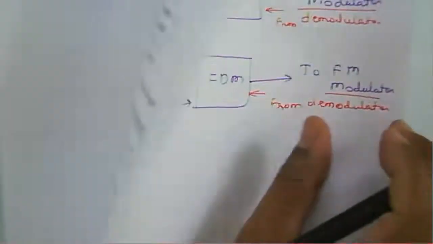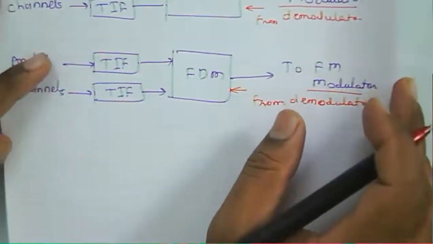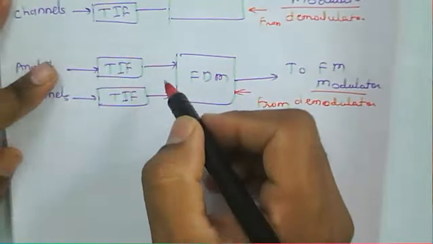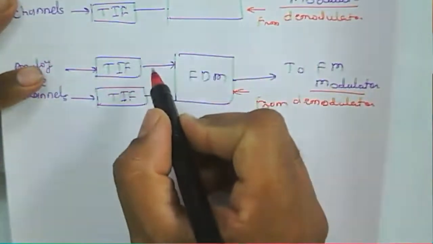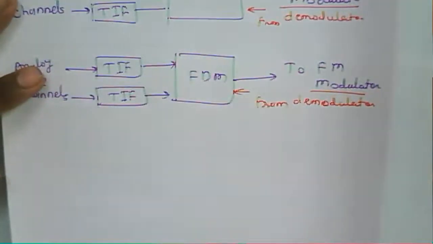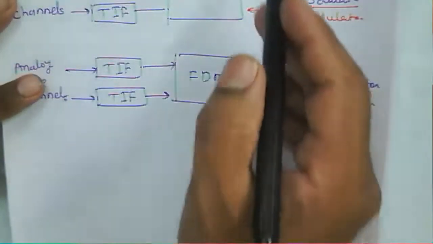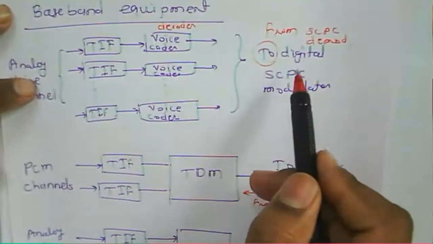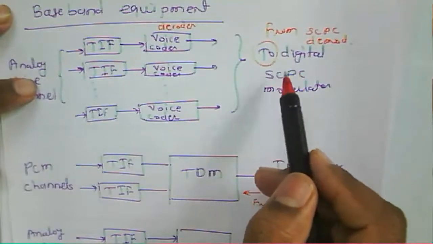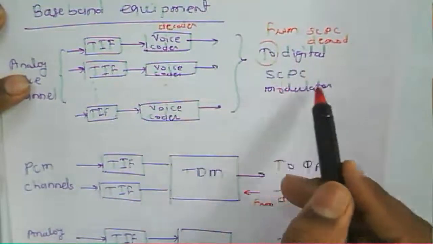So these are what we can say baseband equipment, which has a PCM channel or a TDM channel. If we consider analog voice transmission that is to be sent from the earth station to the satellite, and a few voice channels are there, we can use SCPC mode, where individual users can use a voice channel.